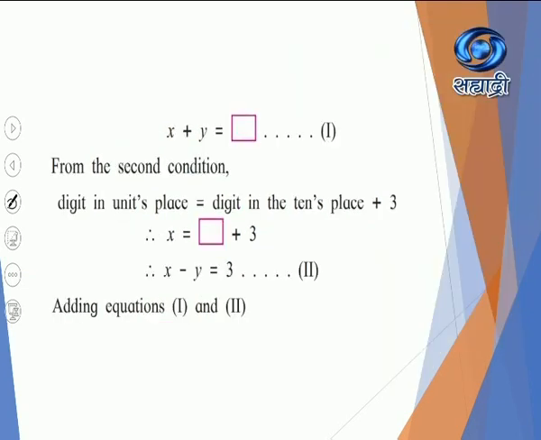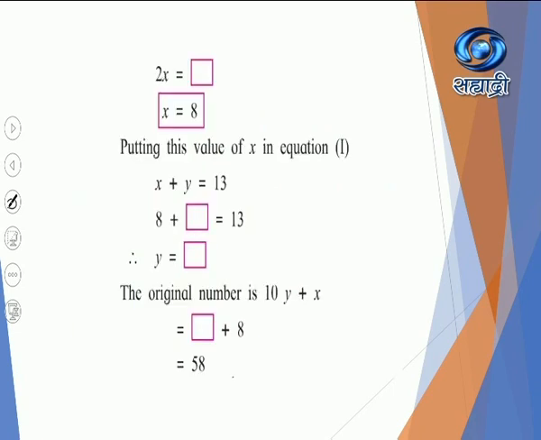Now x plus y is equal to obviously 13. From the second condition, digit in units place is equal to digit in tens place plus 3. So x is equal to y plus 3. So x minus y equals 3. Adding equations 1 and 2, we get 2x is equal to 16. So obviously x is equal to 8.